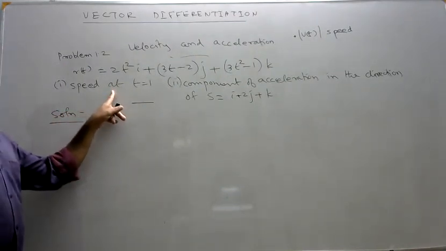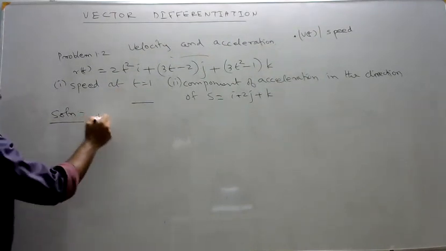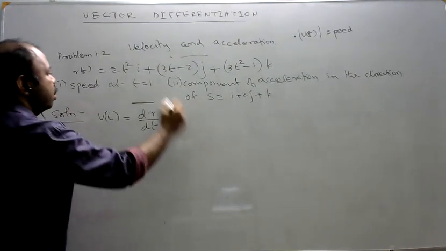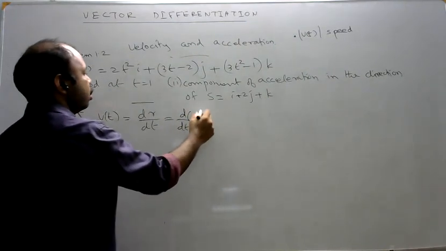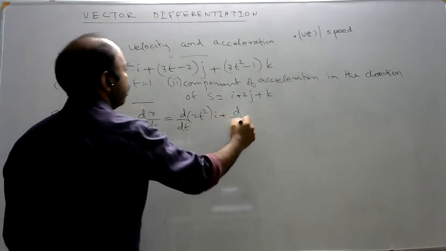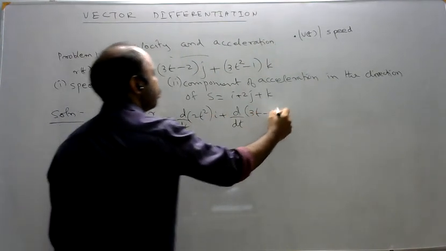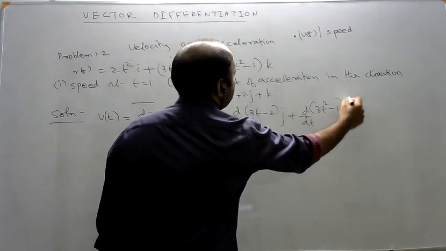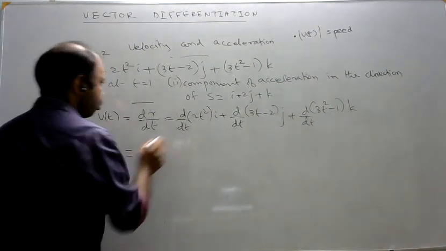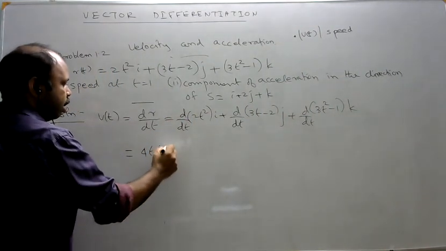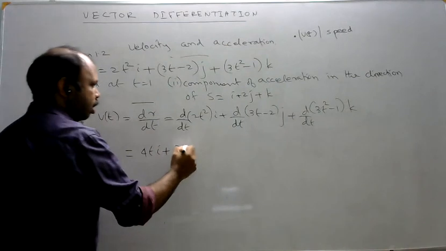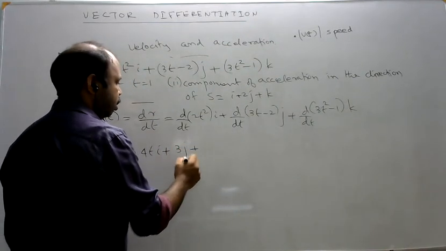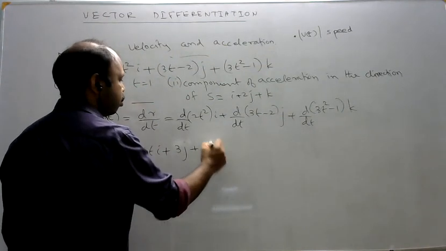Speed, for computing speed, we need the velocity vector. v(t) is equal to dr by dt, the d by dt of 2t square i plus d by dt of (3t minus 2) j plus d by dt of (3t square minus 1) k. This is simply 4t i plus 3j plus 6t k.